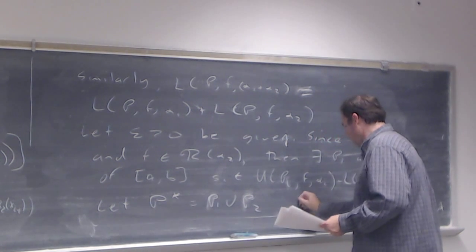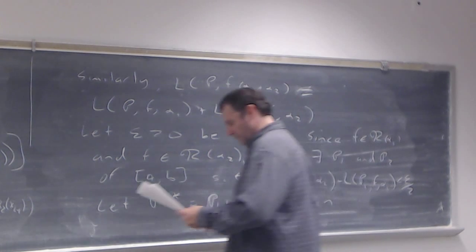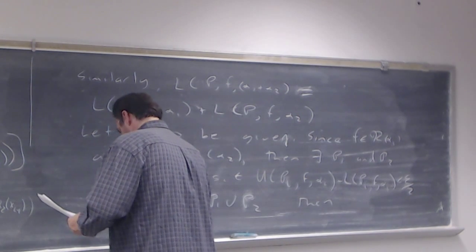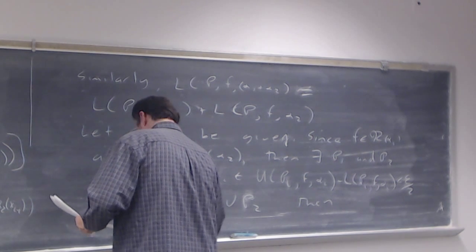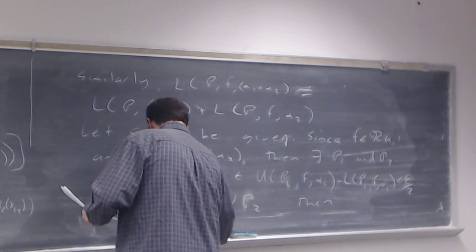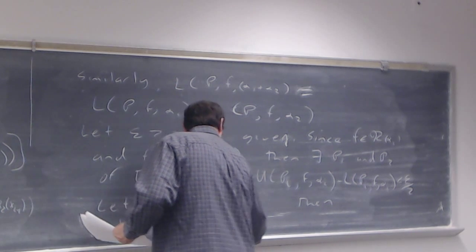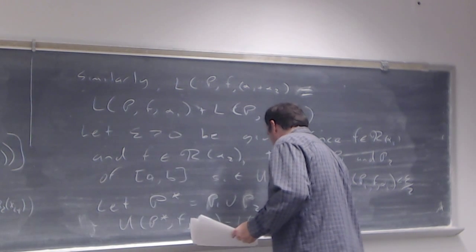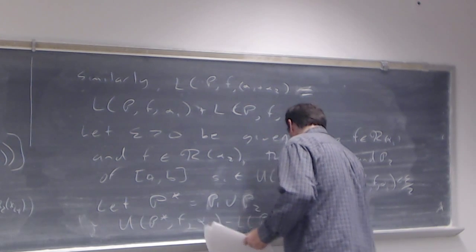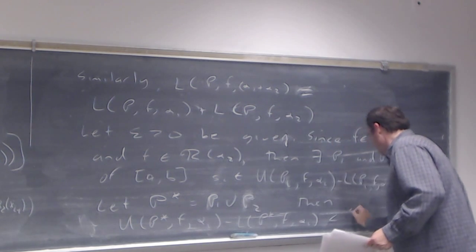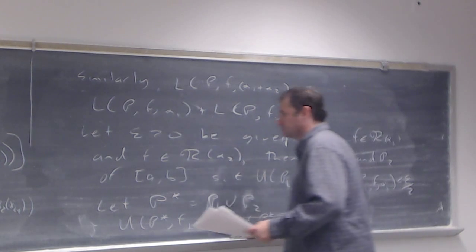And then what we'll have is that the upper sum with the common refinement, F, and alpha sub i, minus the lower sum with the common refinement, F, and alpha sub i, so 1 or 2 here, doesn't matter, will both be less than epsilon over 2.